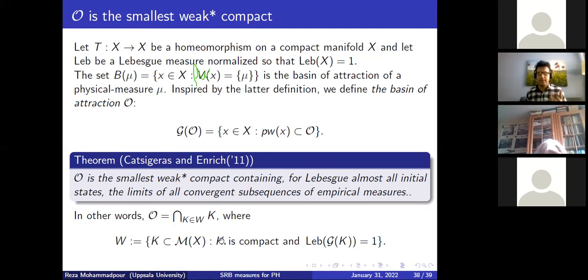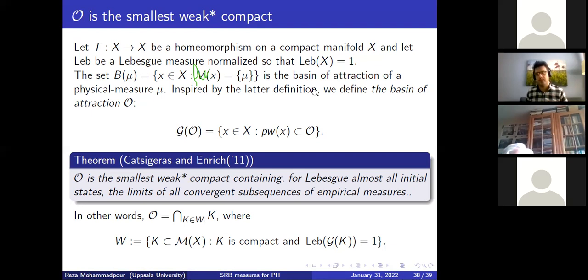So O is the smallest weak star compact set. By using this result, one can prove the previous corollary.